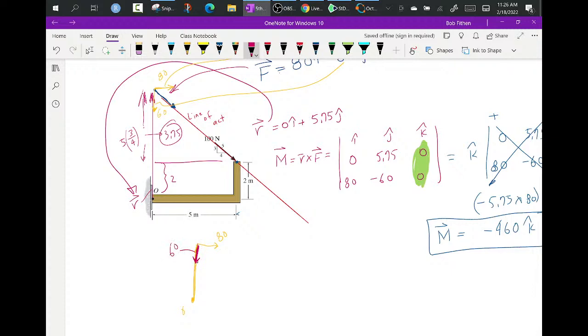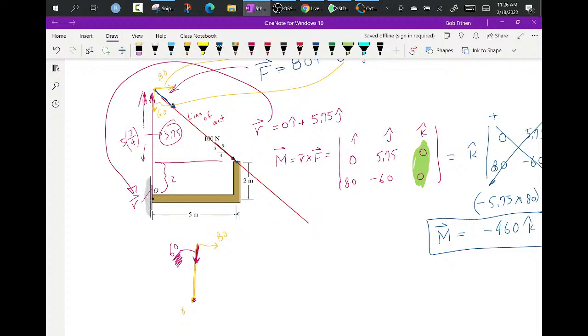Since that's going directly at O, this produces no moment about O. It's just pushing against O. So in other words, this force produces no moment because its moment arm does not exist.